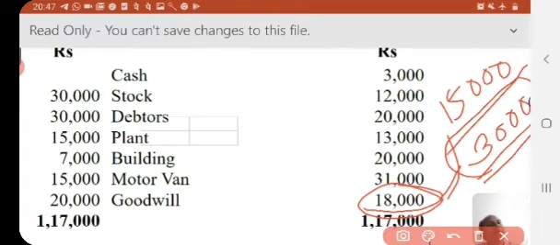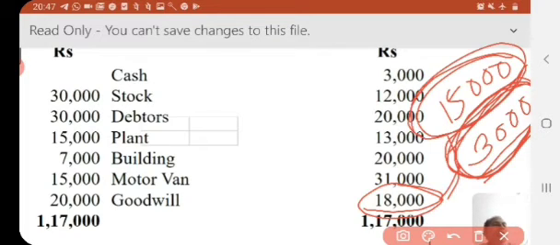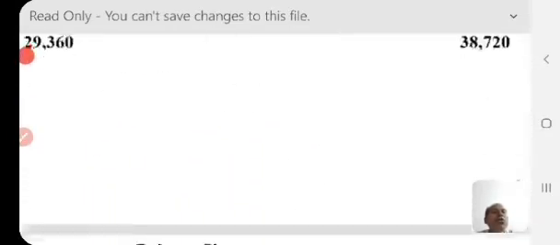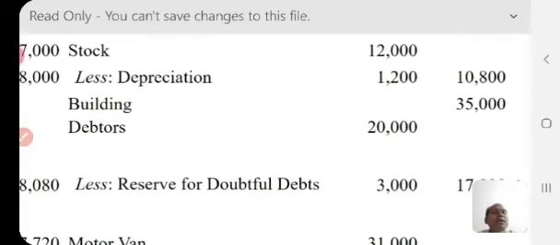It is mentioned in the revaluation account, the profit and loss adjustment account. So now the goodwill should be taken as 15,000 only, as mentioned in the adjustments. As per the adjustments, we have to record the information. So goodwill is 15,000.